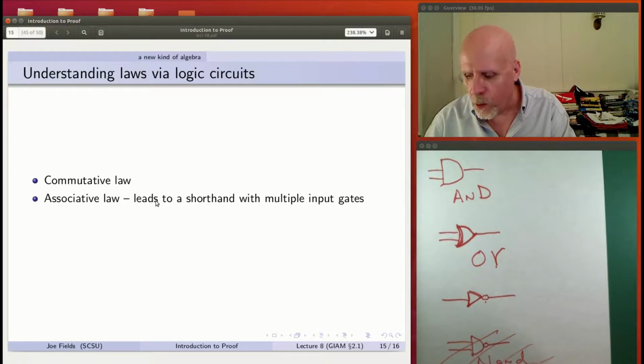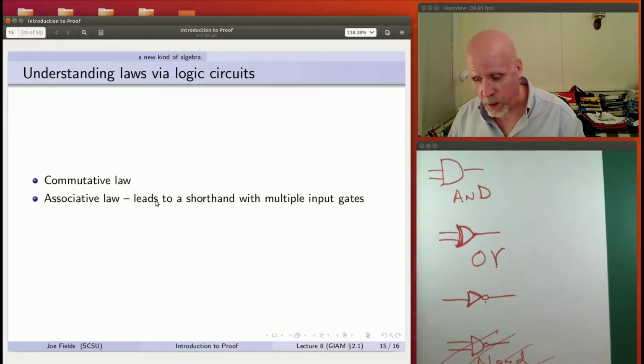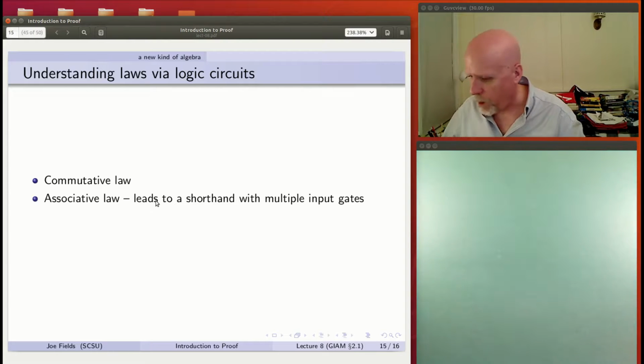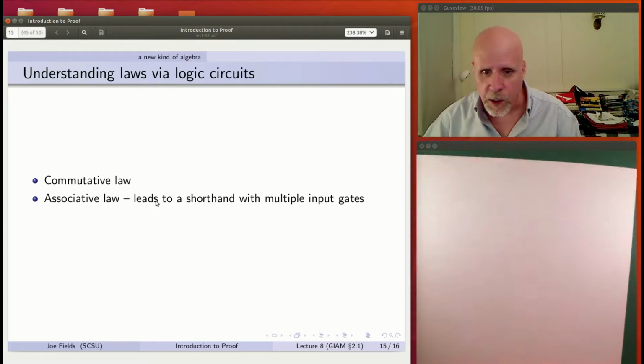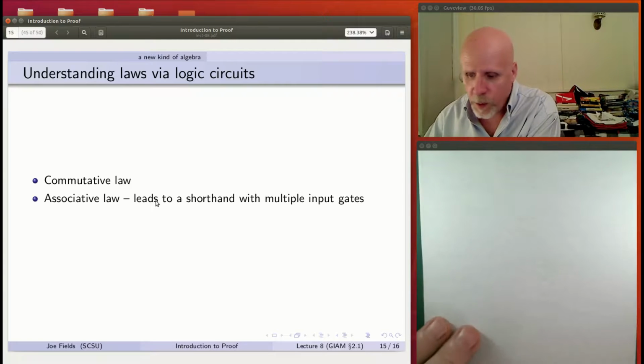You can use these circuit diagrams, by the way, to help us understand something about the laws of Boolean logic. I'll mention three of the laws here, but I'm really only going to use circuit diagrams to show you two of them.